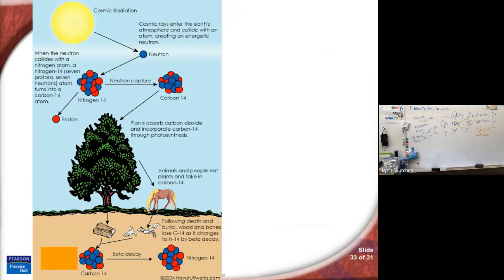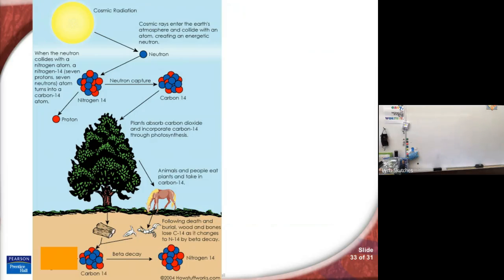All that being said, here is a diagram, and this is not from our textbook, it's from a different textbook, but it shows the process. Where radioactive carbon comes from starts with the sun. Cosmic rays are constantly being shot out from the sun, and cosmic rays are mostly protons.